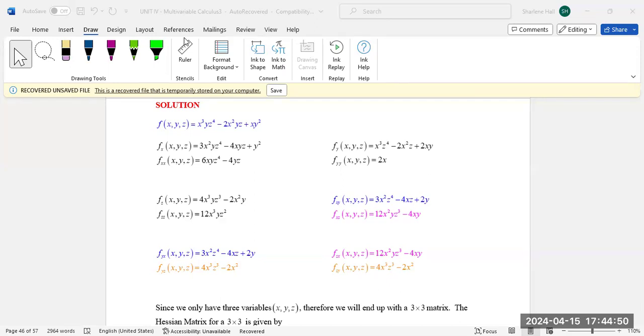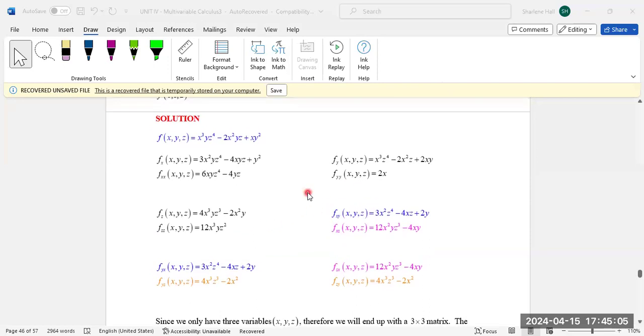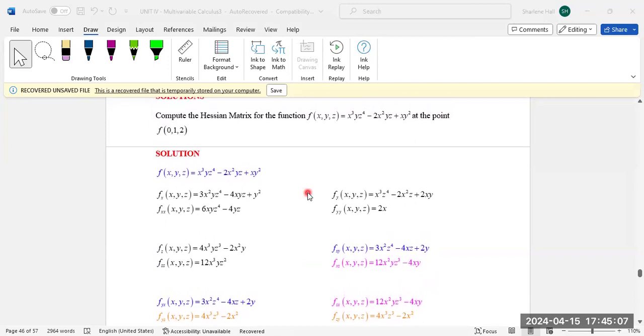Yes, sir. I saw where I went wrong. Where I have the negative 2x squared yz. In the question itself, the equation at the beginning, I spaced it too much and I didn't include the yz when I was doing F subscript.